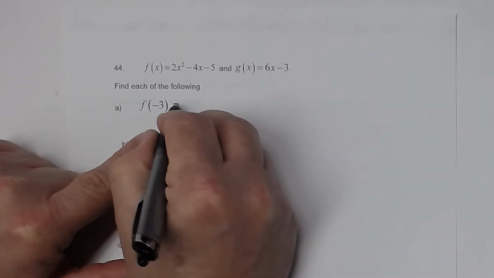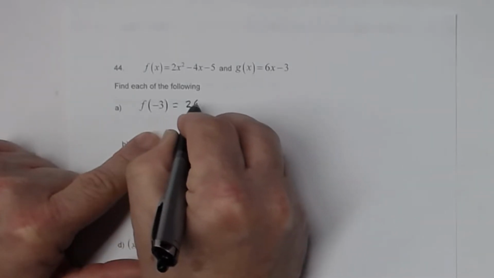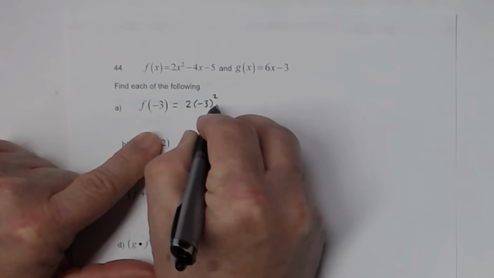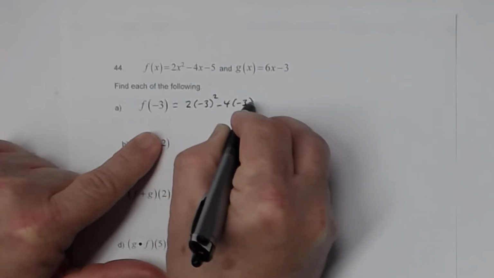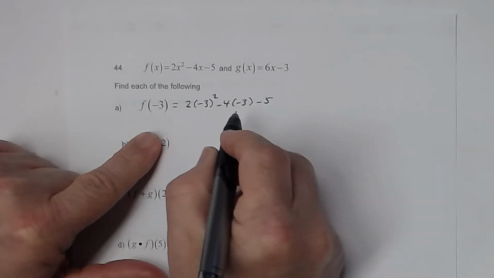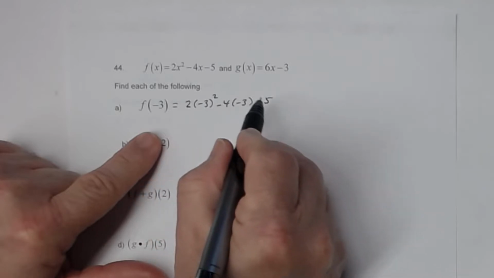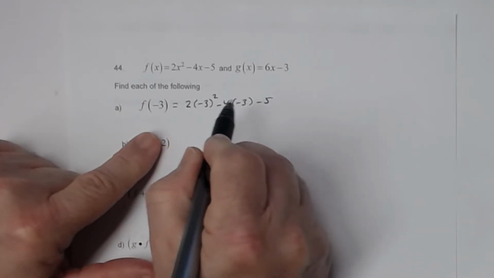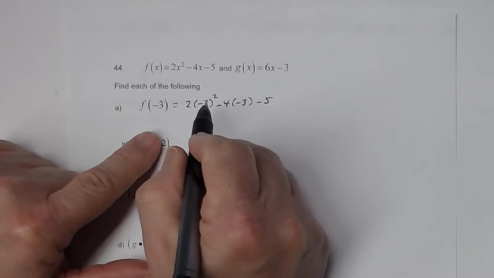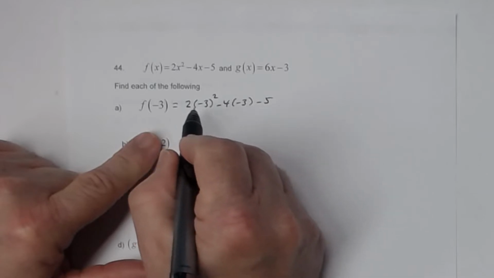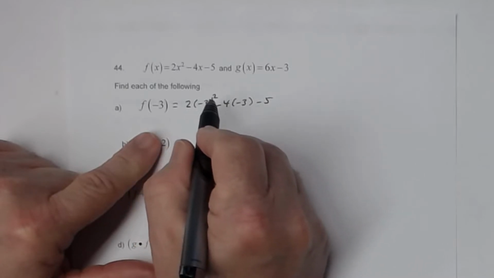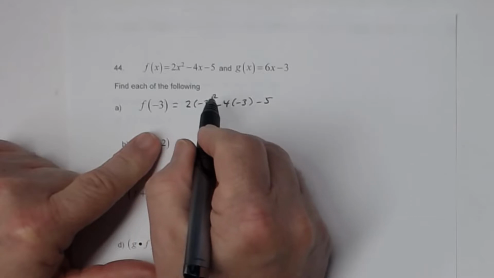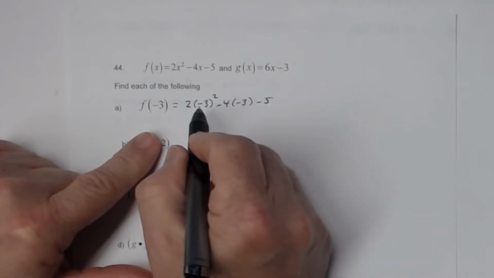So this becomes equals 2 times negative 3 squared minus 4 times negative 3 minus 5. And then you just use the order of operations to simplify this numerical expression. Remember, you have to do exponents before you multiply. So you must say negative 3 squared, which is negative 3 times itself.